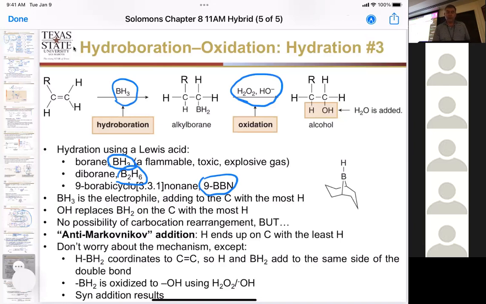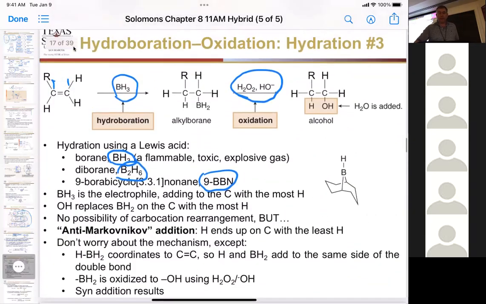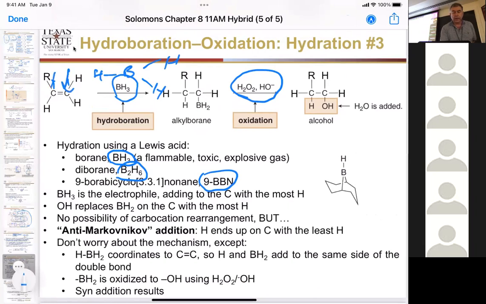In this case, we're going to add across the double bond in a slightly different way. What happens in the mechanism is that we have a hydrogen and a boron, and the boron is trigonal planar. It adds the boron to one carbon and the hydrogen to the other at the same time, forming this four-membered transition state.